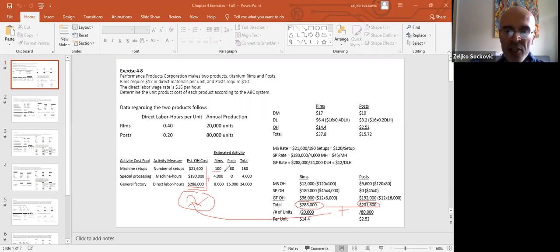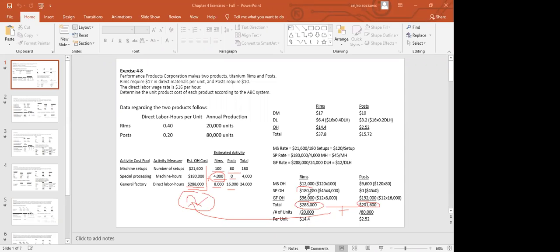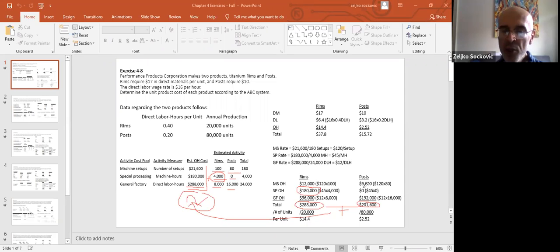They receive them based on the ratios of how much of these activities they used. And clearly RIMS uses hours in full, which is why here is 180, and here is 0, because POST used 0 machine hours.